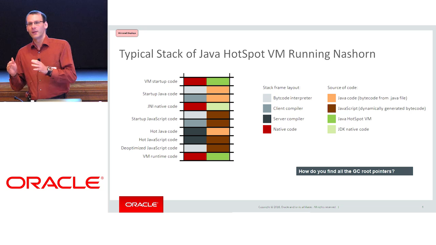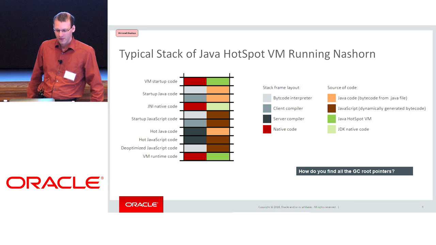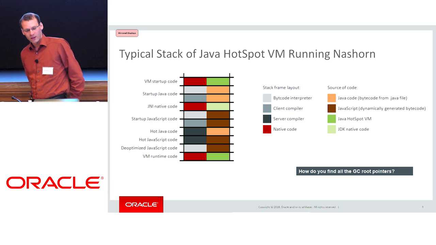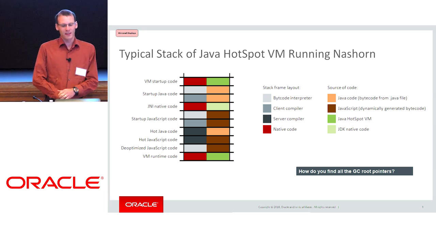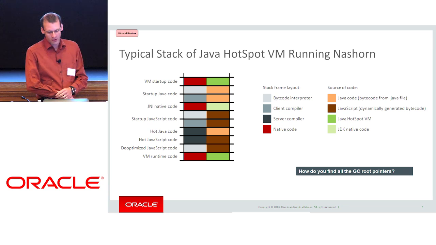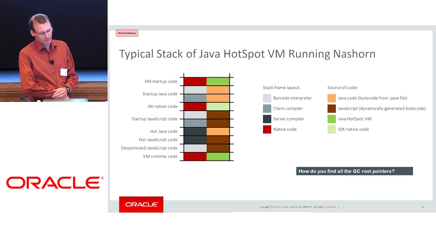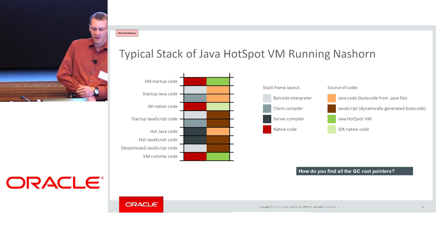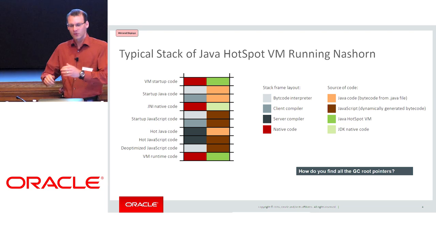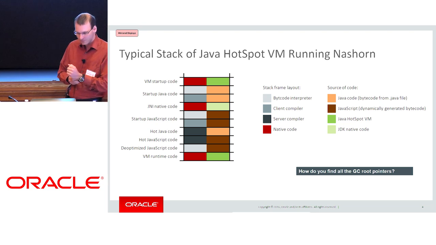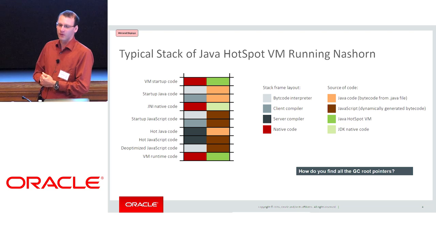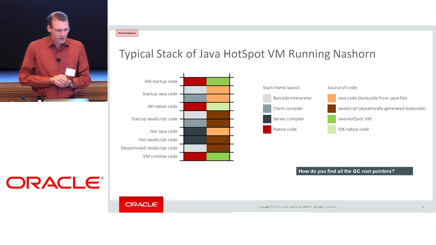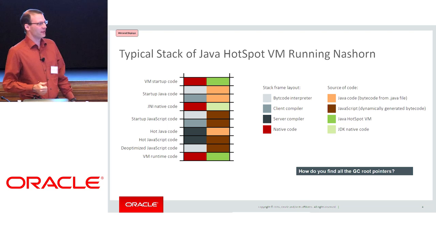Fortunately, at least the stack frame layout for these two compilers is the same, so we have compiled code on the stack. When we look at what we're actually executing, native code is, as I said, either from the Java Hotspot VM or from JNI code. And the bytecodes that we're executing in the interpreter or the client compiler are either bytecodes coming from the .java files, or dynamically generated bytecode coming from JavaScript code. So you see that's a very colorful picture.